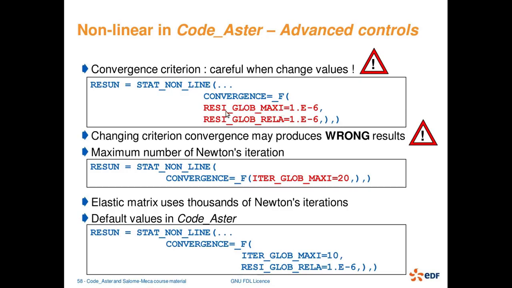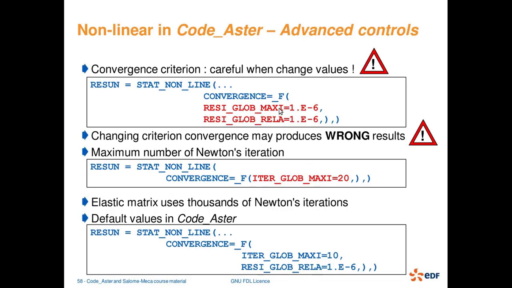If I give RESI_GLOB_MAXI as 10 to the power minus 5, it will not compute the relative residual at all. So if I give one of them, only that criterion will be checked. If you don't give anything, it will check only the relative criterion.